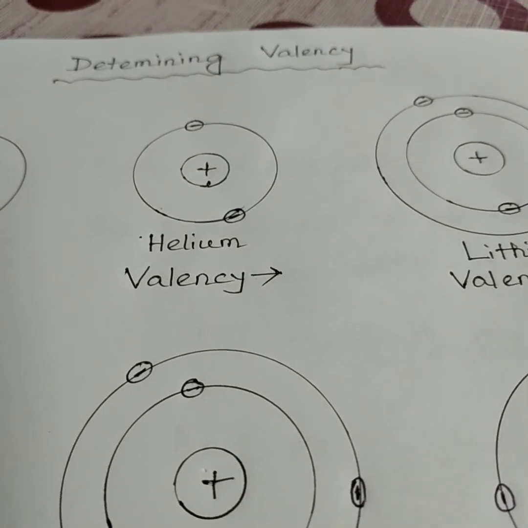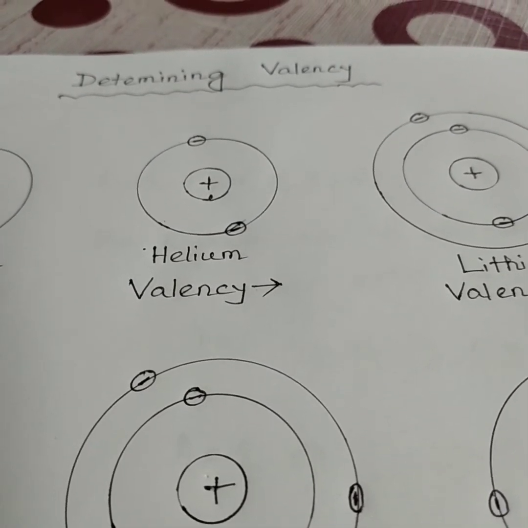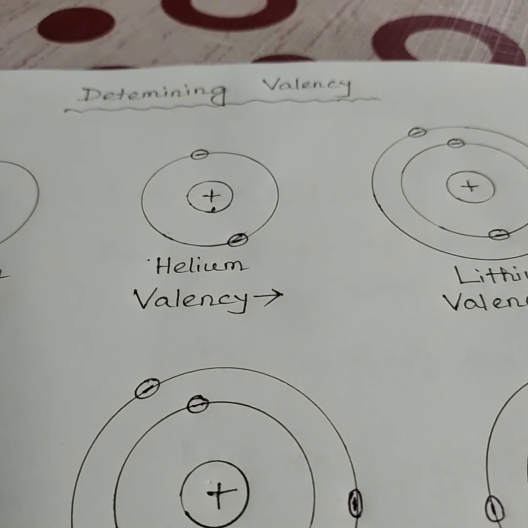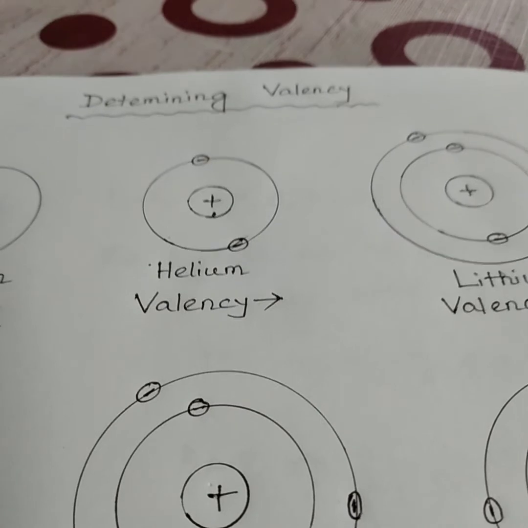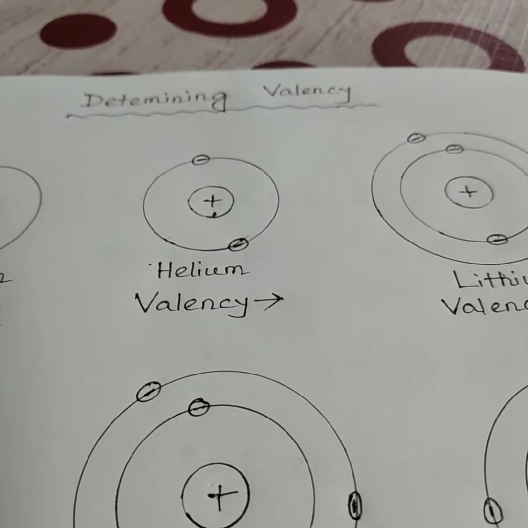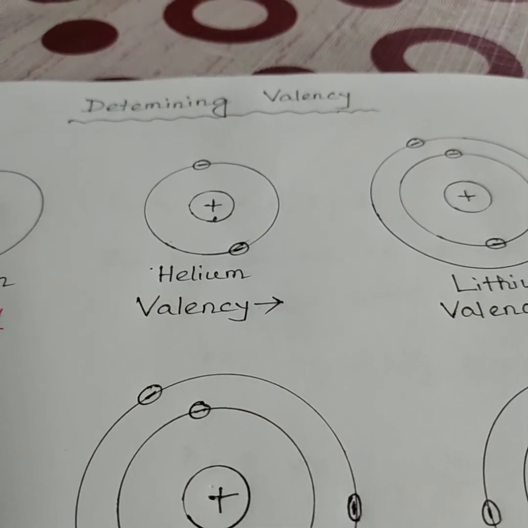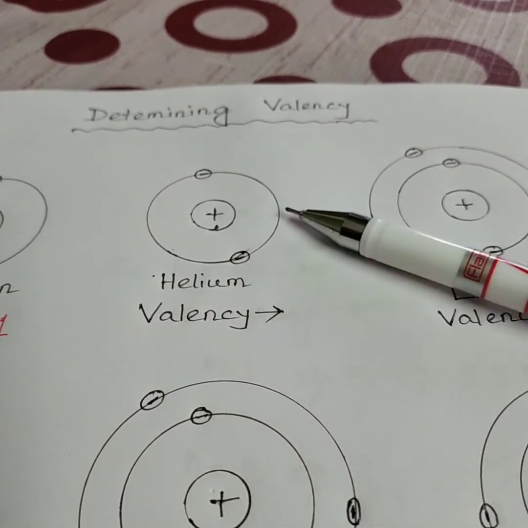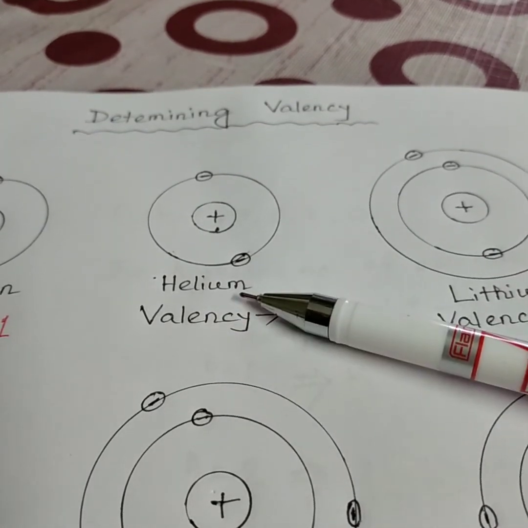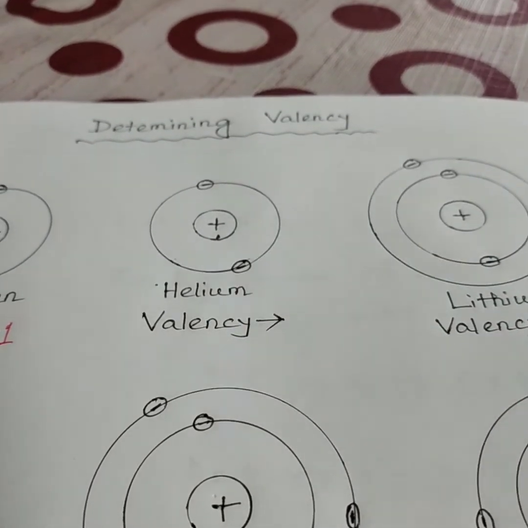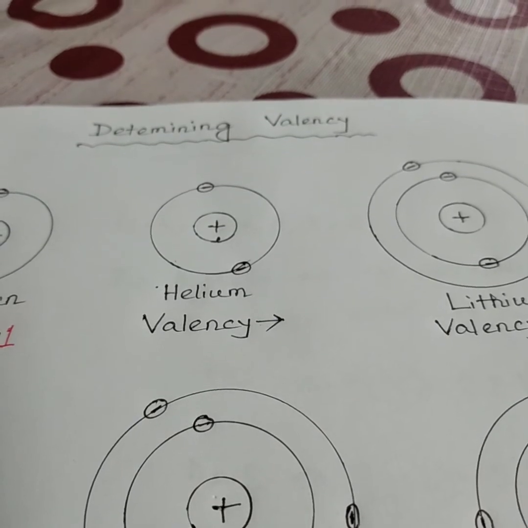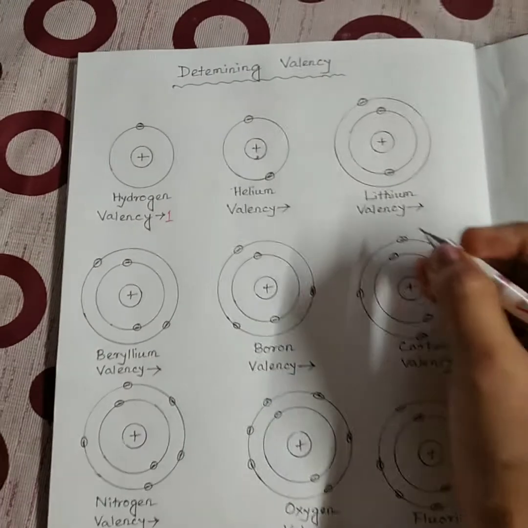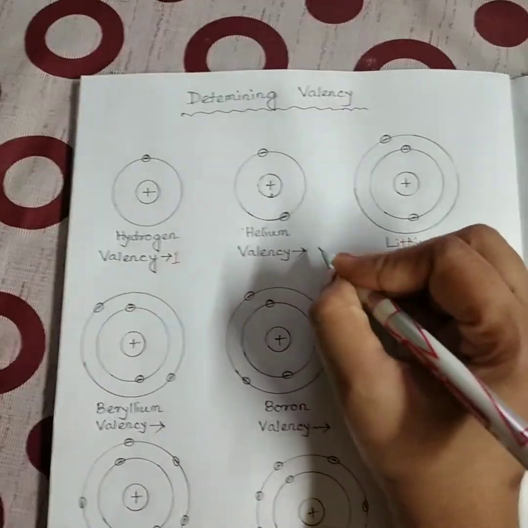Their combining capacity becomes negligible or zero. This is why noble gases are least reactive, because their outermost orbit is completely filled. Helium is also one of the noble gases. So, the valency of helium is 0.